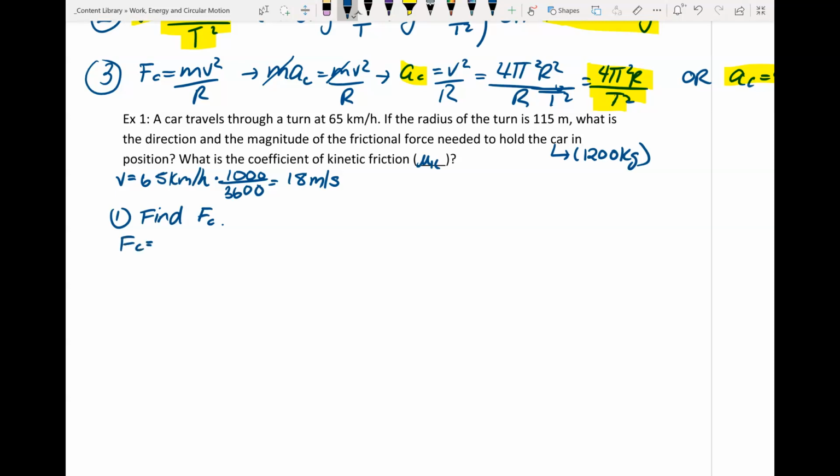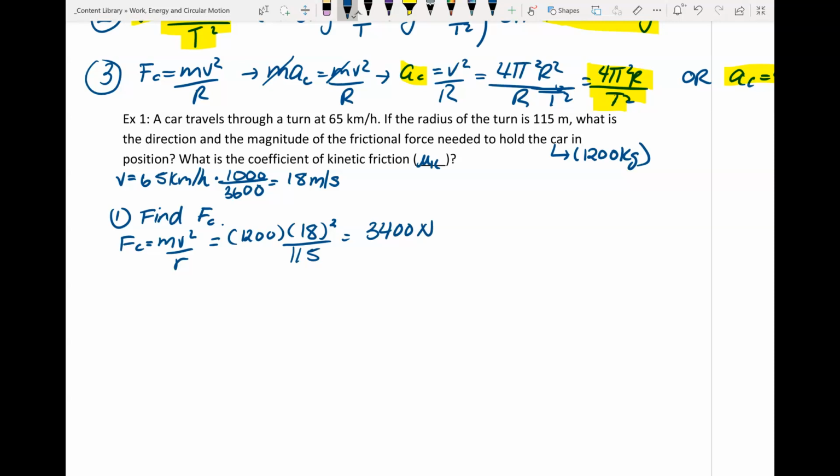According to our equation from above, this is m times v squared over a radius r. The mass of the car is 1,200 kilograms, our velocity is 18, and our radius is 115 meters. So our centripetal force then is 3,400 newtons.